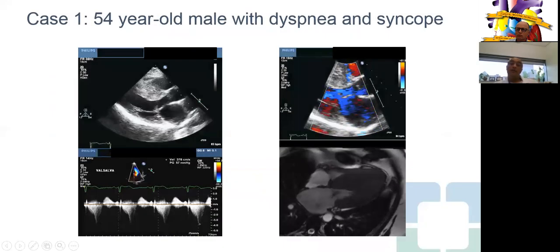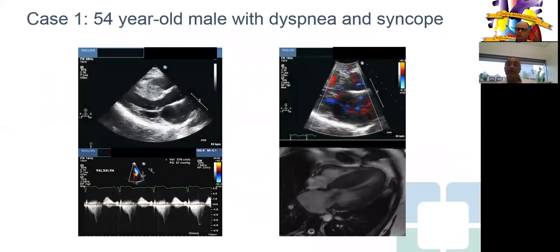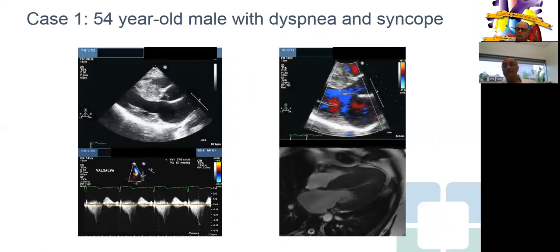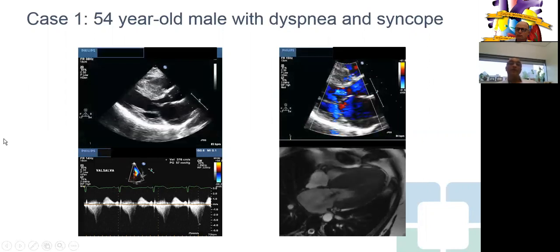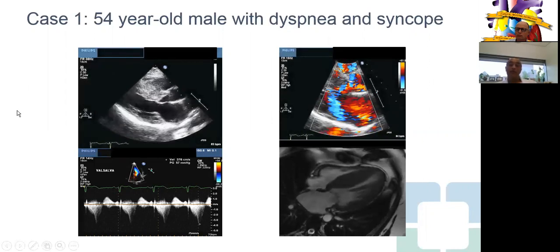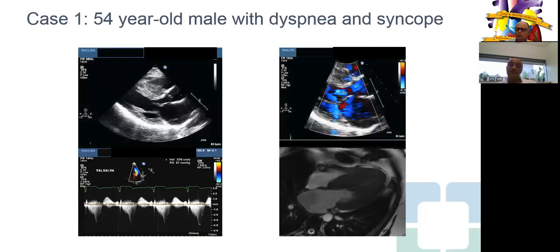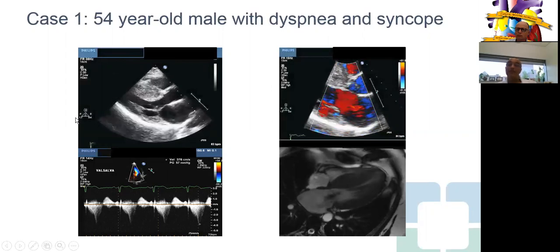So here is case number 1. This is a 54-year-old male who I saw a few years back with dyspnea and syncope. In the top left, you see echocardiography, parasternal long axis, which suggests very massive basal septal hypertrophy with SAM of the anterior mitral leaflet.